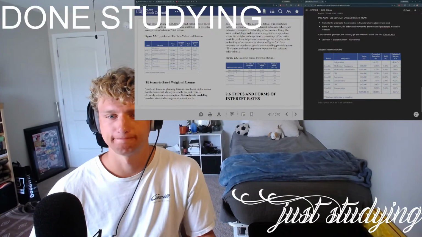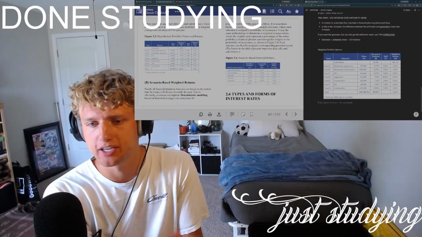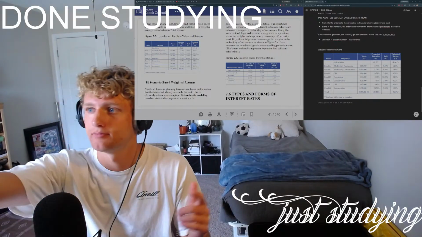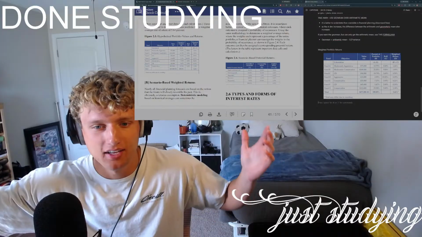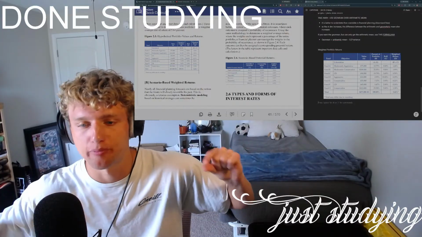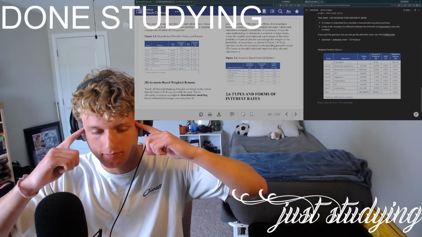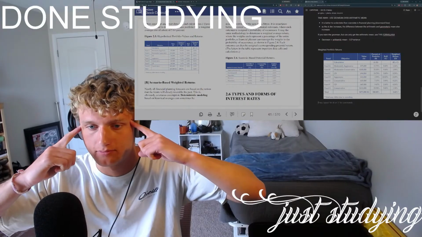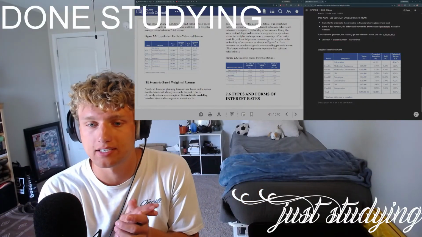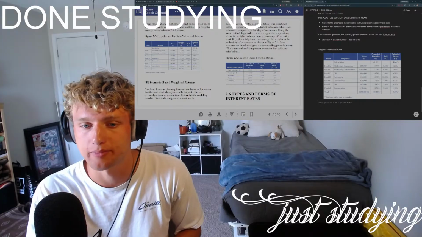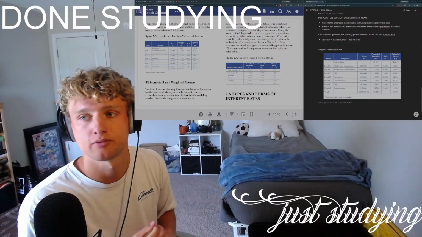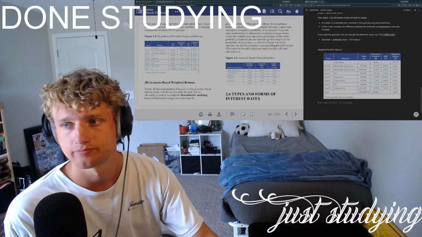Okay. Nearly all financial planning forecasts are based on the notion that the future will closely resemble the past. If you took forecasting, that should be familiar. I did. This is obviously a tenuous assumption. Deterministic modeling based on historical averages can sometimes be misrepresentative of the near-term future.